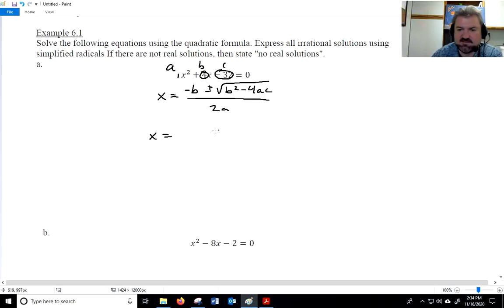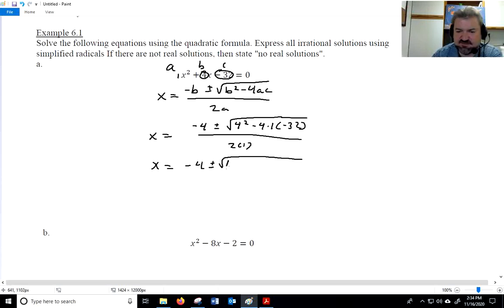Okay? So x is negative 4 plus or minus the square root of 4 squared minus 4 times 1 times a negative 32, all over 2 times 1. Okay, so 4 squared is 16.